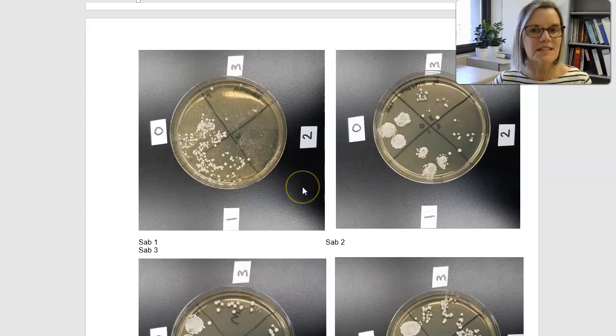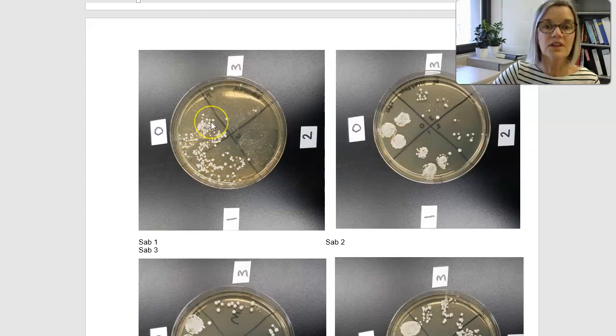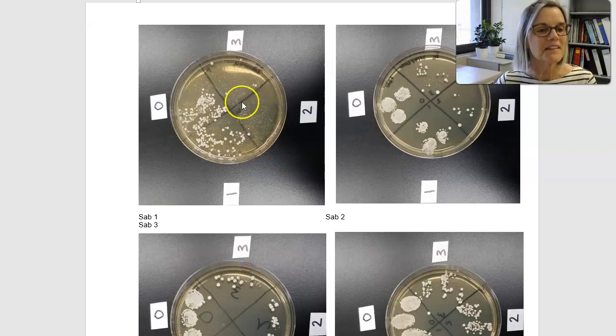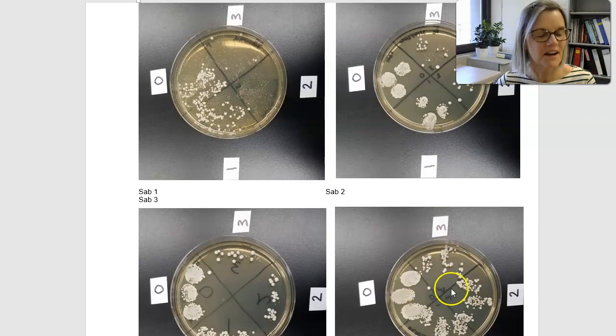Another thing to notice with Saburad is these really white big colonies are the transient yeast, the bread yeast that the person dipped their hands in. Notice on this plate that there's all these tiny little colonies, and there's some right here. There's not very many on this plate, though. Not very many of those tiny colonies. There's a few right there.